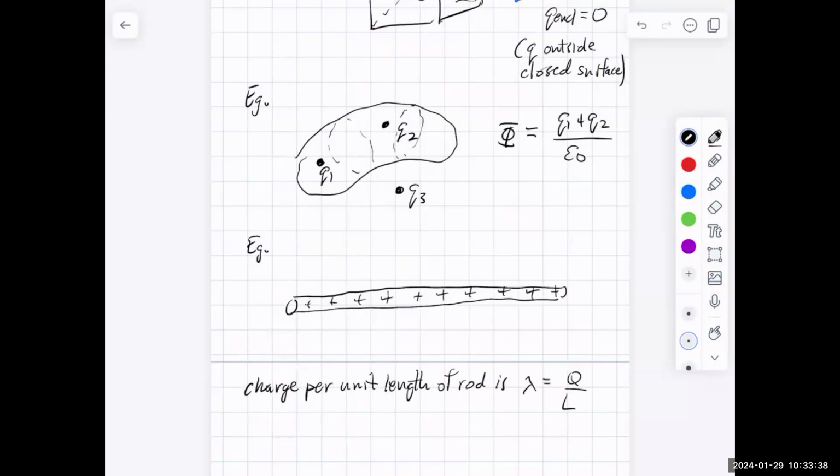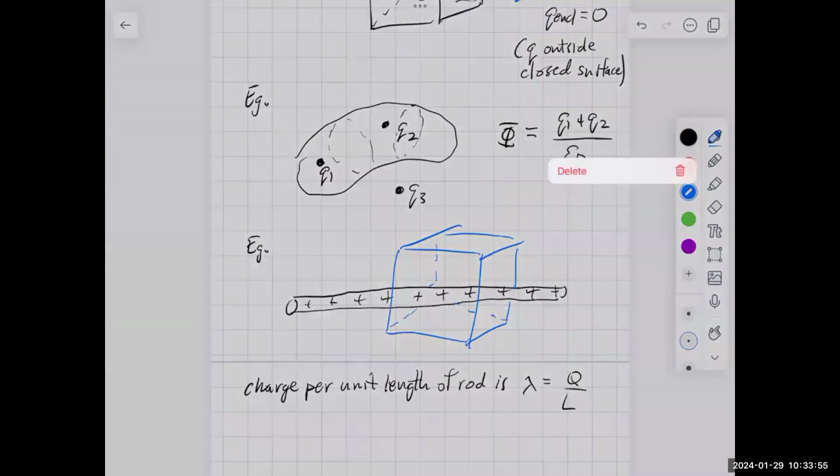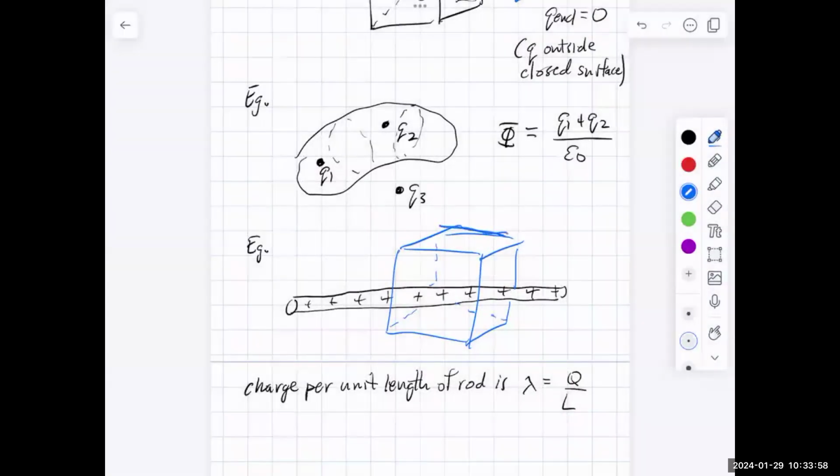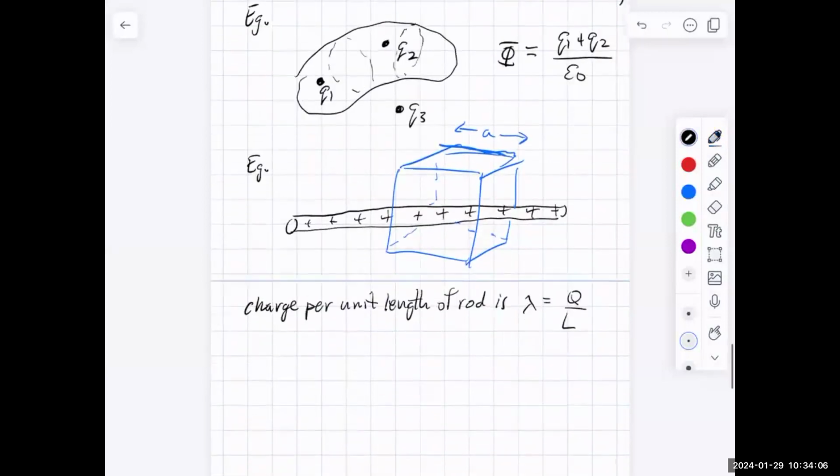Okay, and I'm going to put my cube around this rod. Let's say my cube has sides of length A. Just to emphasize, the rod is passing through the cube. So the question is, what is the flux?